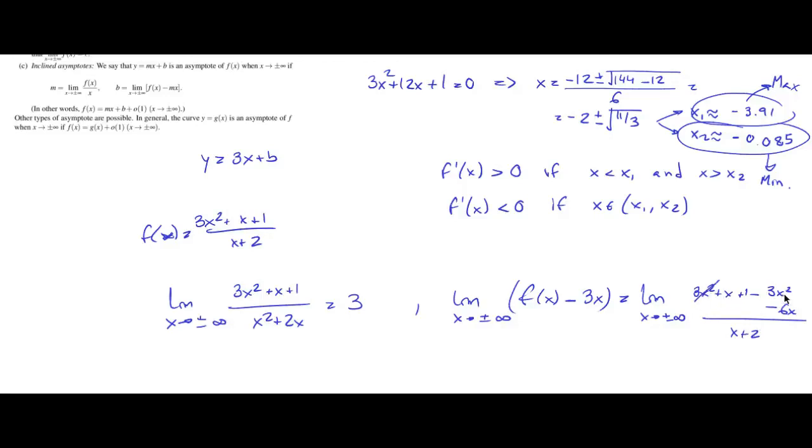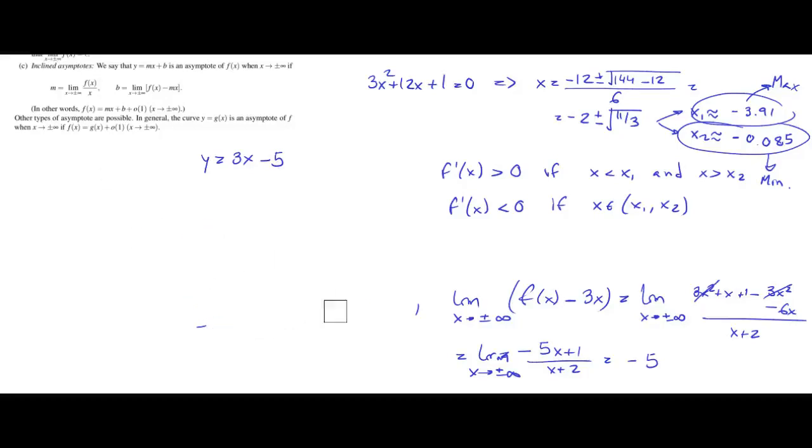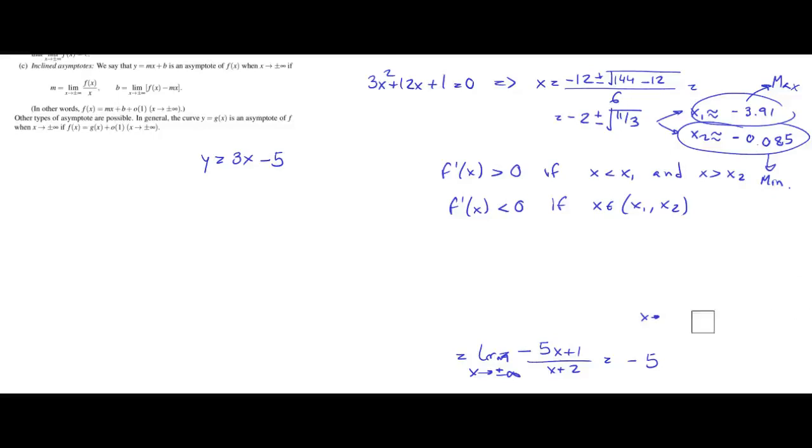And so this and this go away, so we have the limit when x goes to plus minus infinity of minus 5x plus 1 divided by x plus 2, and this is going to be minus 5 independently of the sign, so we have an inclined asymptote that is the same in both cases, right?